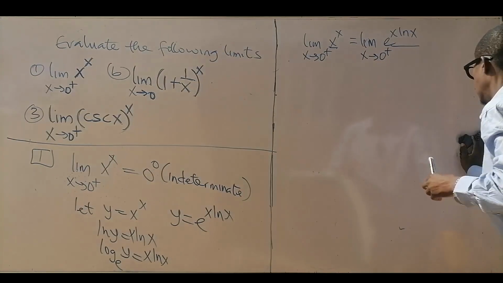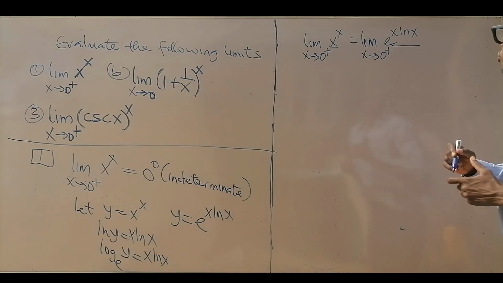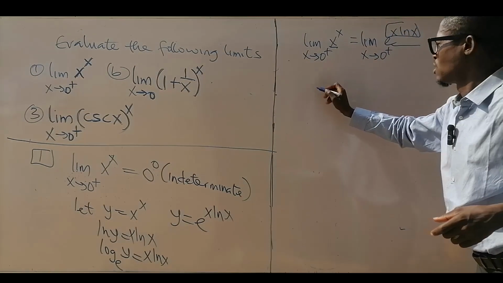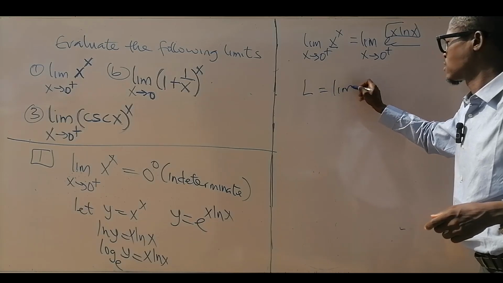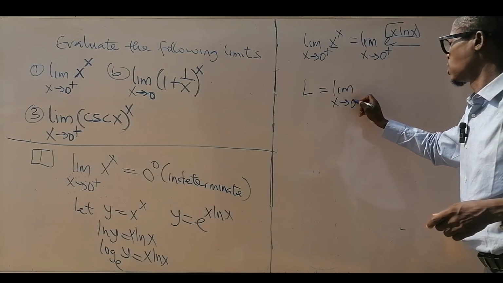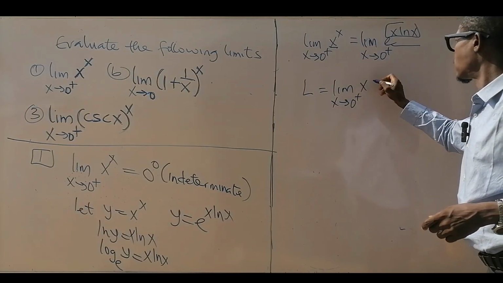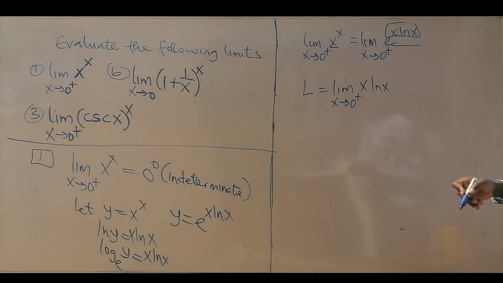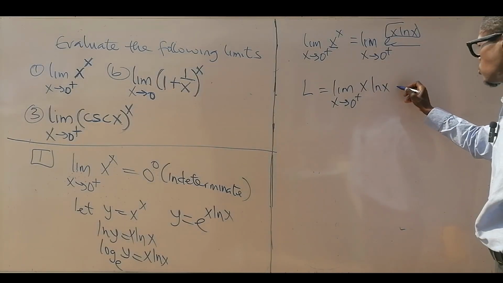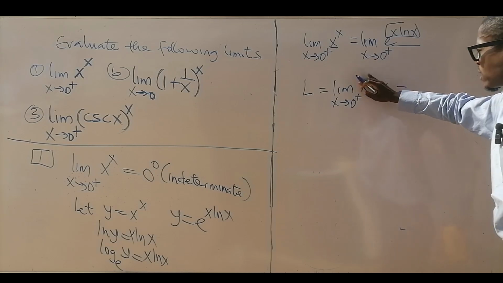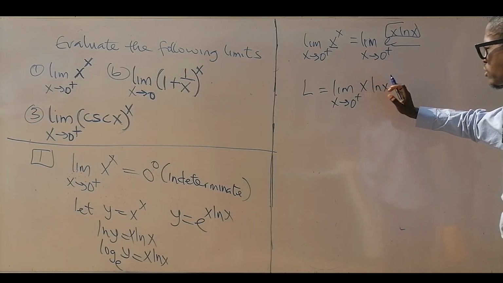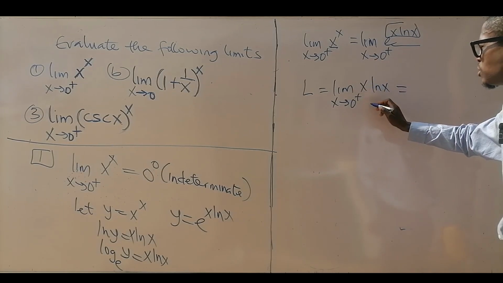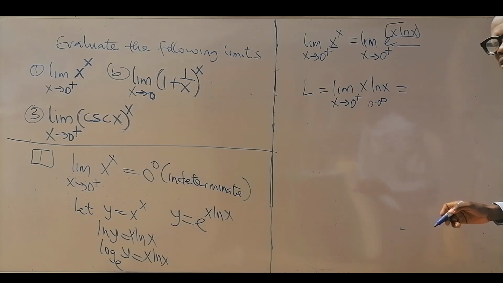The next thing to do is to take this one, call it L, the limit as x tends to 0 positive of this function, and we're going to play with this, because if you substitute now, it's going to give you 0 times infinity.